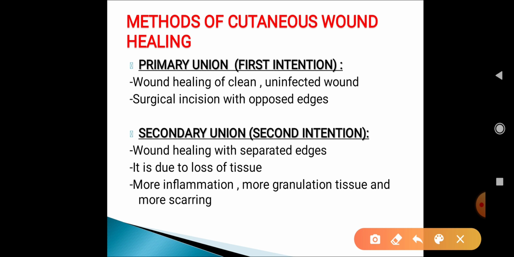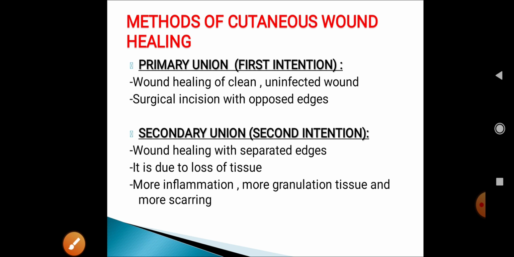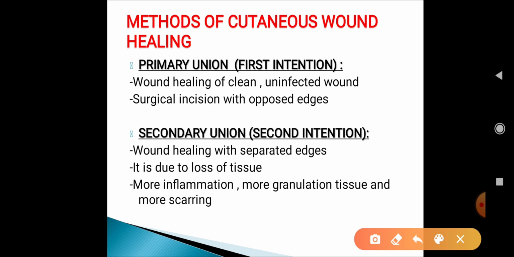There will be fibrosis, but that repair can happen in two ways. Either it can be primary or it can be secondary union. Just remember, we always want the wound healing in the primary way, in the first intention.